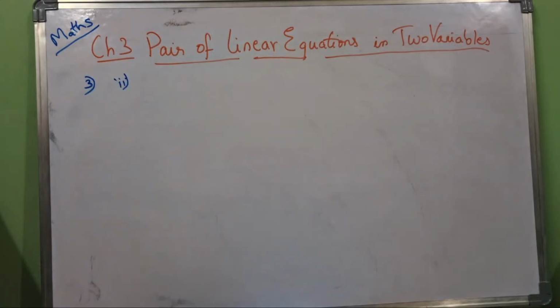Let's see the second one. The larger of two supplementary angles exceeds the smaller by 18 degrees. Find them.